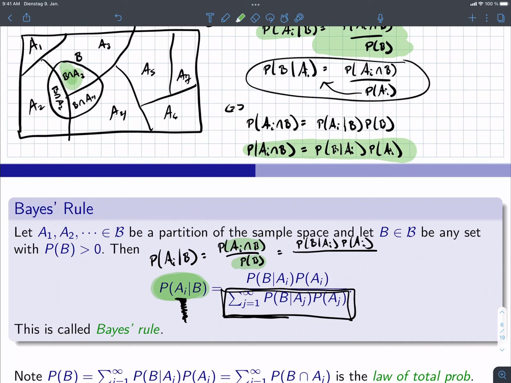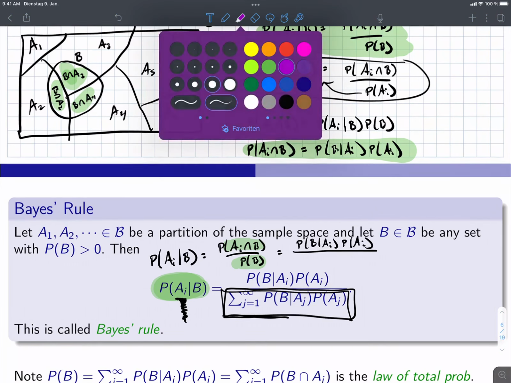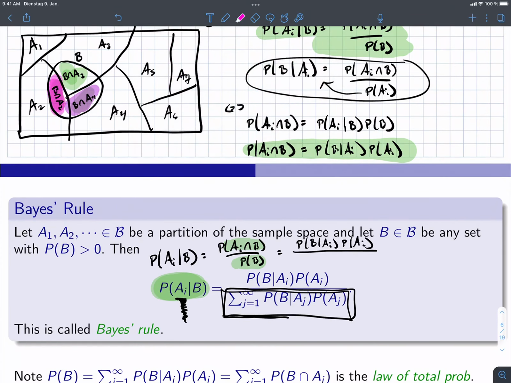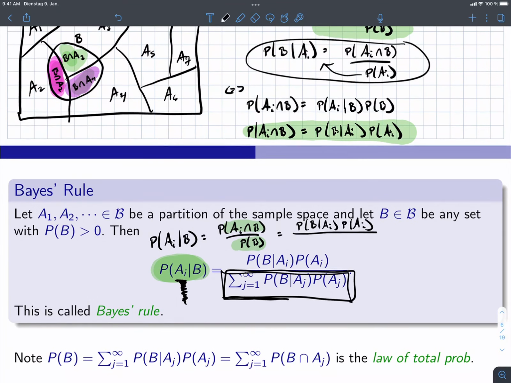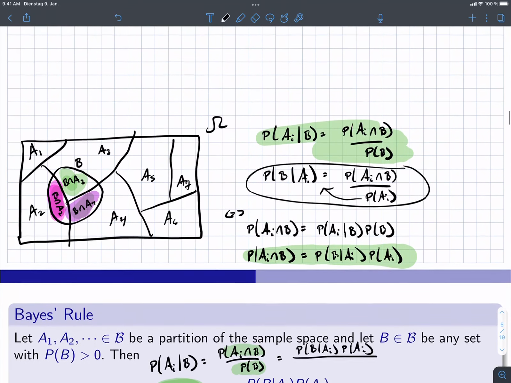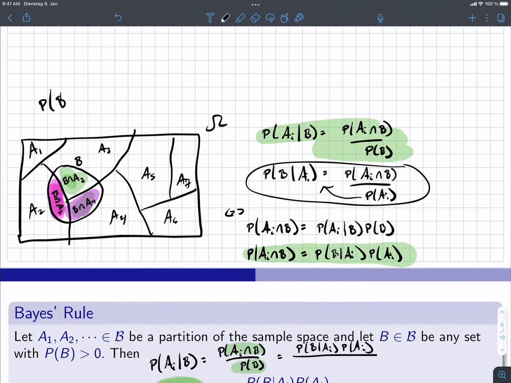I can write the probability of B as the sum of these different probabilities. So I can always write probability of B as the infinite sum of probability of B intersect An, n going from 1 to infinity.